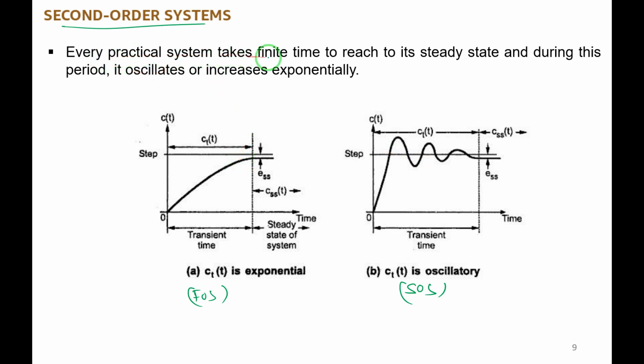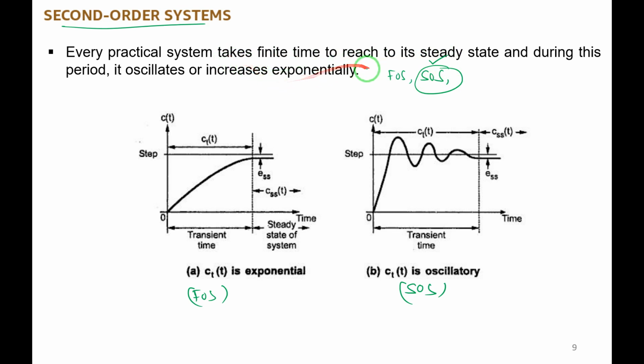Every practical system takes finite time to reach its steady state, and during this period it oscillates or increases exponentially, because we are studying only first order system and second order system, not third order, fourth order, and so on. Because the second order system itself is the representative of the higher order systems. If I go for higher order systems, in the feedback loop, the number of integrations will be more and it will lead to complexity. So we'll stop at second order system only, right?